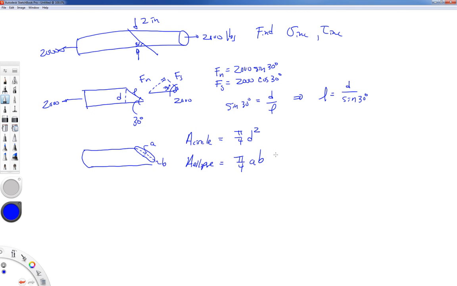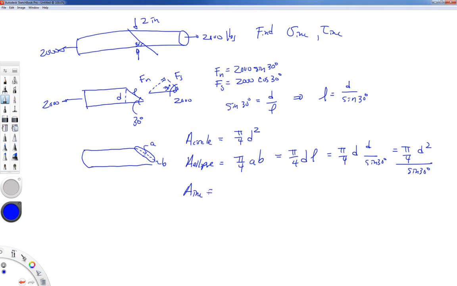The minor diameter of the ellipse is just the diameter of the specimen. And the major diameter of that ellipse is what we just called L. Now since L is equal to D divided by the sine of 30 degrees, we get our formula that we had before.